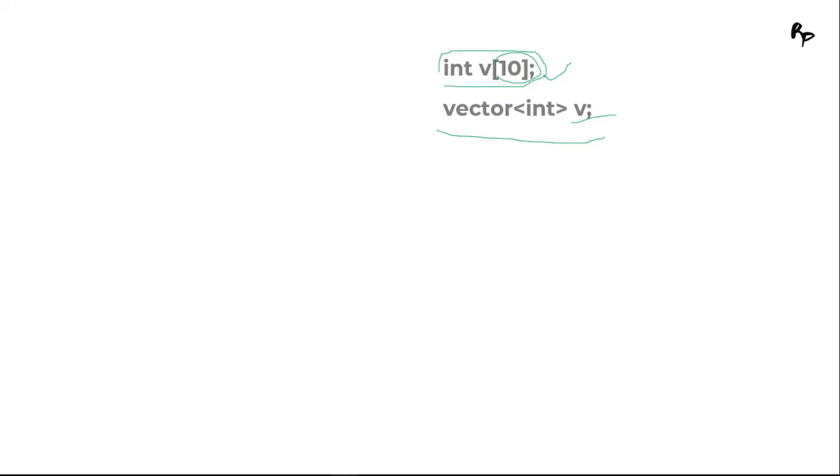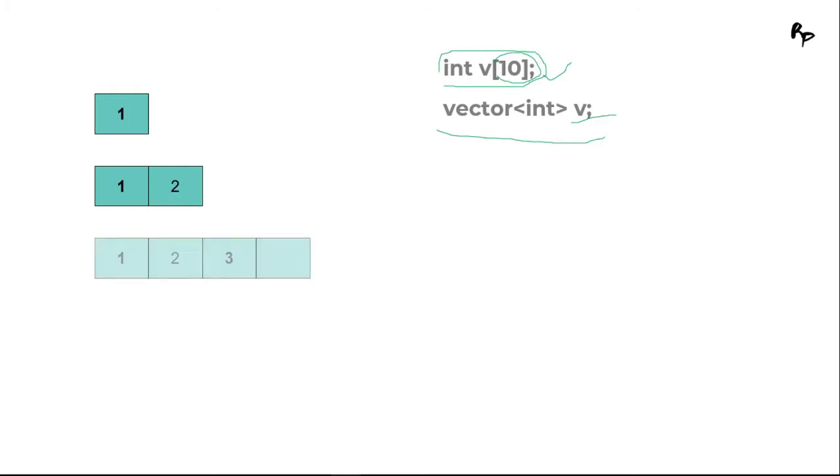So let us look at how these vectors work internally. For this, let me first declare a vector of size 1. If I insert one more element, its size becomes 2, which is natural in the case of arrays too. But when I insert one more element, its capacity becomes 4.